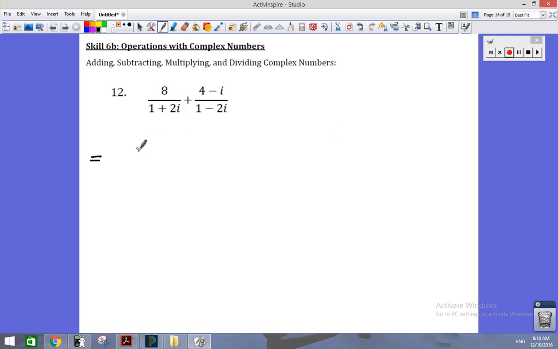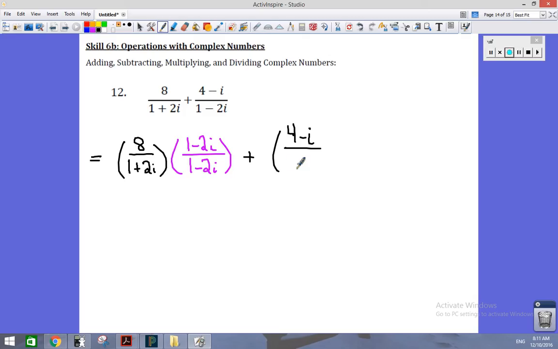What I'm going to do here, my plan of attack, is to take this number and multiply by the number 1, but to write the number 1 as 1 minus 2i divided by 1 minus 2i, because 1 minus 2i is the complex conjugate of 1 plus 2i. And then my second fraction over here, the same idea, but only focusing on its denominator.